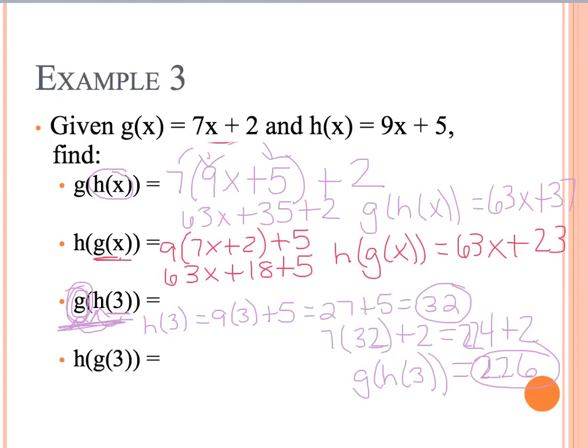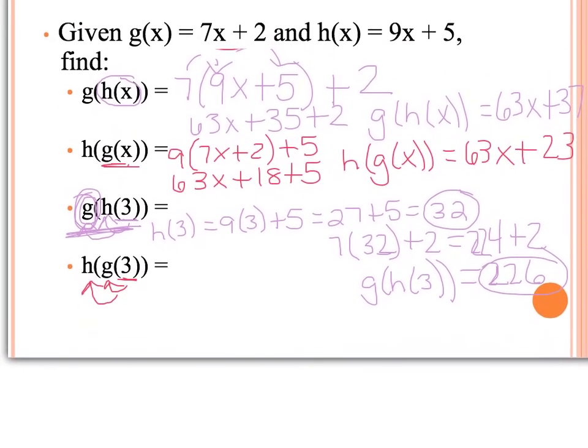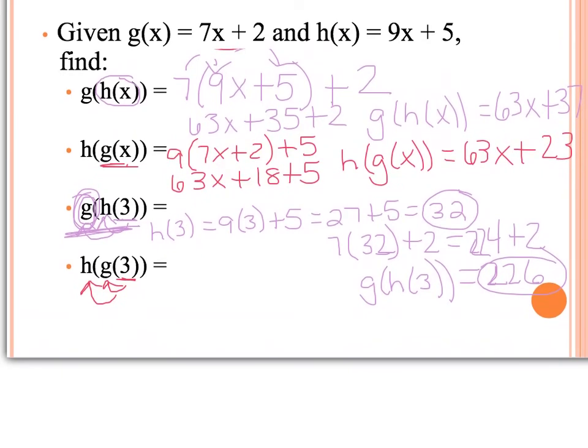And then our last one, I'm going to take 3 and put it into the g of x function, and then take the result from there and put it into the h of x function. So 7 times 3 plus 2 is 21 plus 2, 23.